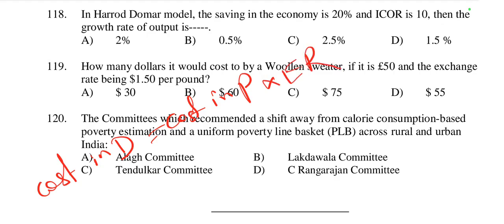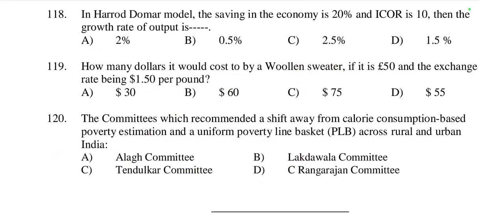Cost in pounds is 50, and the exchange rate is 1.50. So 50 into 1.50 is equal to 75. So $75 is the right option. So here C is the right option, 75.